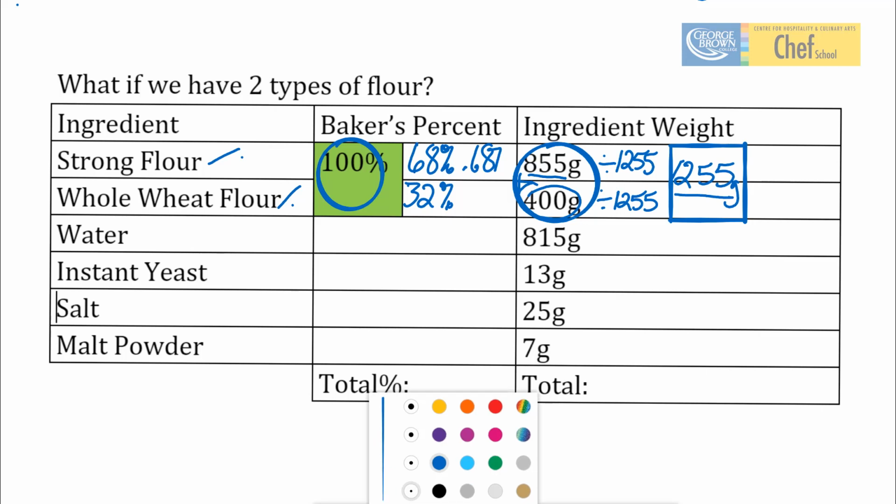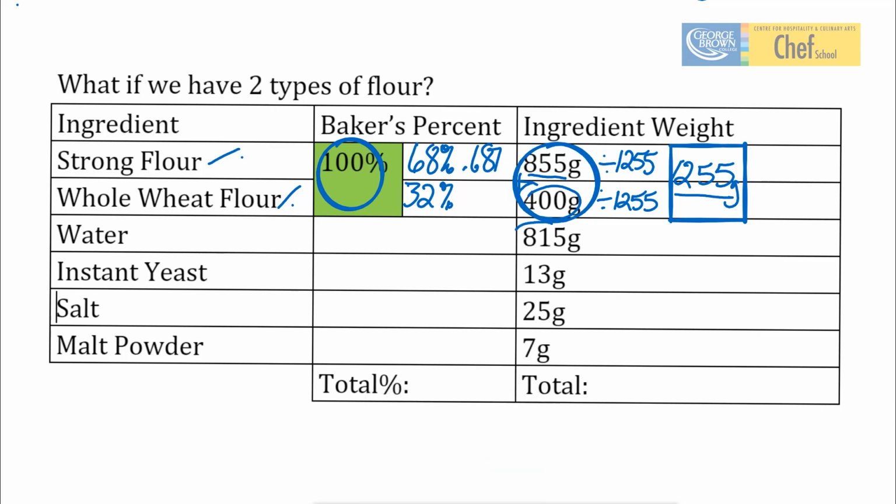Okay, so what about our water? Now this is more familiar territory. We've got 815 grams of water divided by total flour weight, 1,255, and that comes to a figure of 0.649, so we're going to call that 65%.